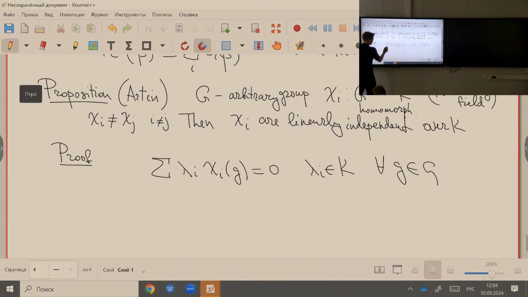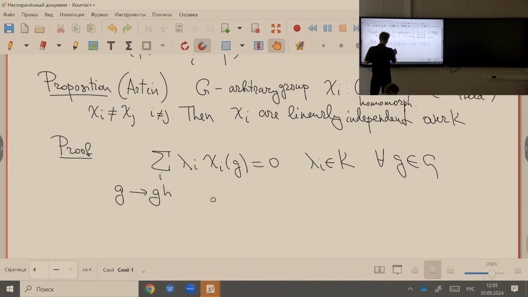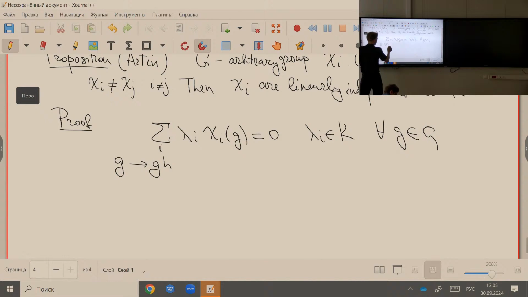Of course the idea is to reduce this linear combination to a smaller one, and this is very simple: you just change g to gh, and you have a new linear combination that looks like this.